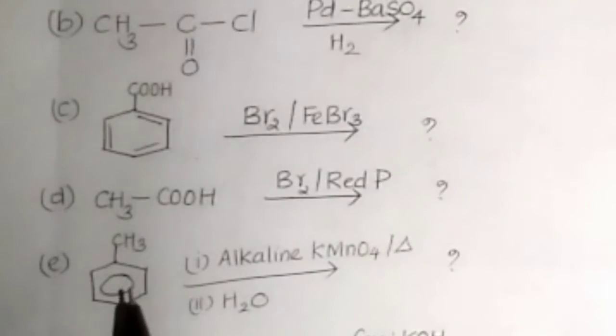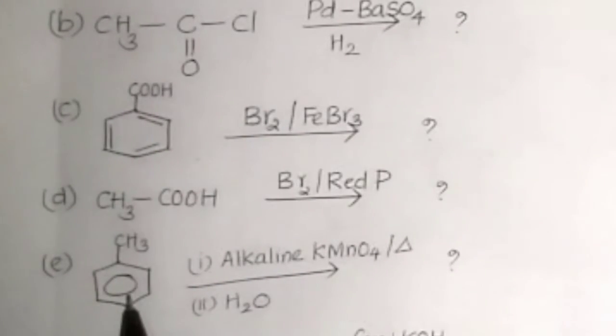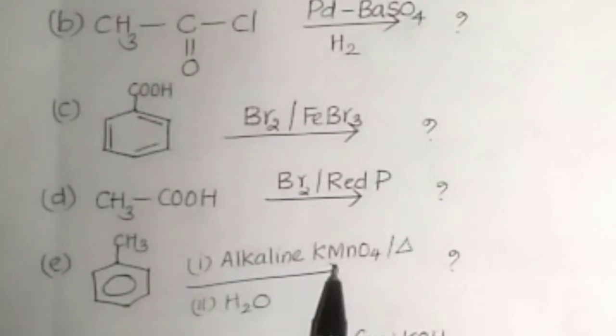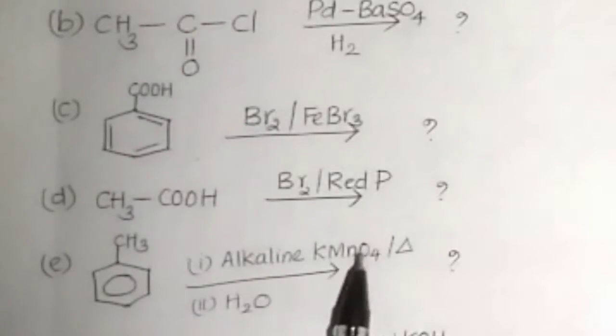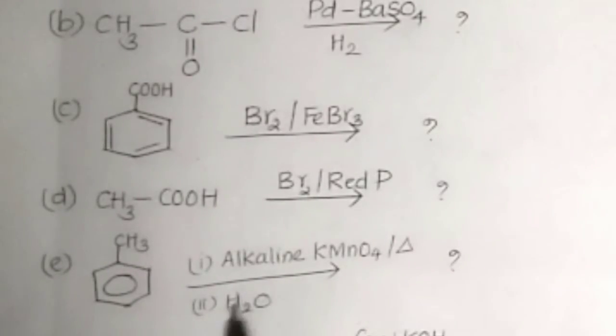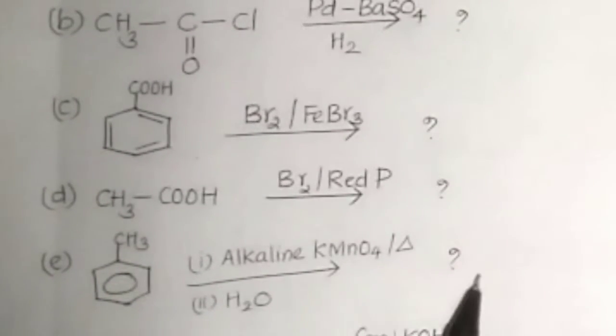Next question is methylbenzene or toluene on oxidation in presence of alkaline KMnO4 with heating. It is an oxidizing agent. So oxidation on heating followed by hydrolysis, then what is the product?